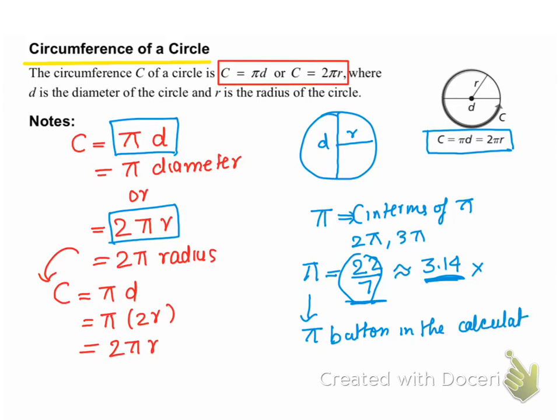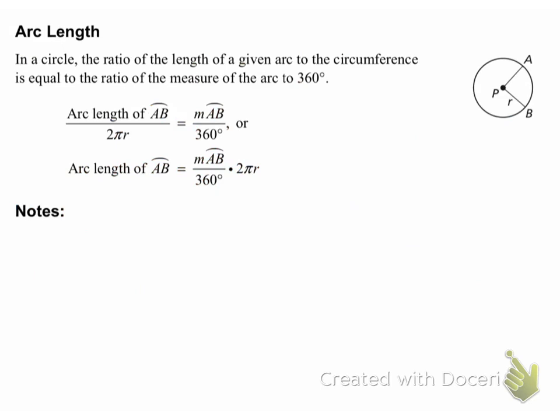All right, let's move to the next page. Here we're going to talk about arc length.